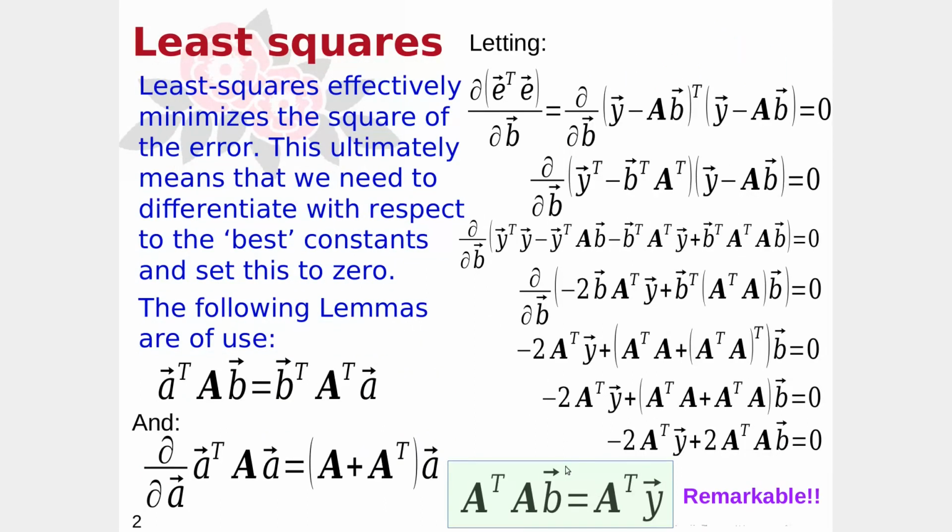So we have Y is equal to AB, multiply both sides by the transpose, and then we've simply got a matrix times B is equal to a vector. So therefore this is indeed in the right form for us to solve by Gaussian elimination.